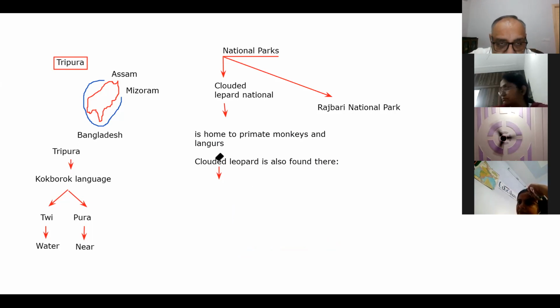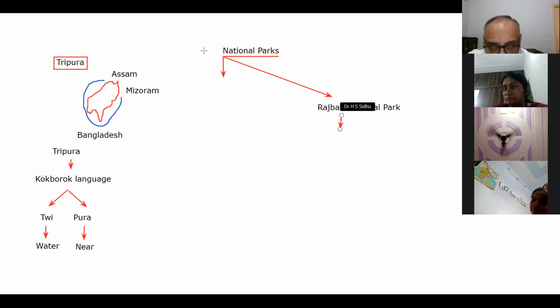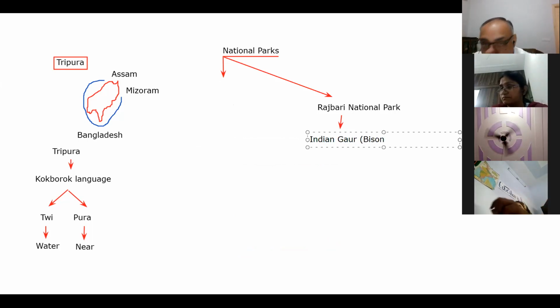So now the next, if we take, is Rajabari National Park. This is known for, basically this was made for the conservation of the Indian gaur, जिसको हम bison भी बोलते हैं, right?